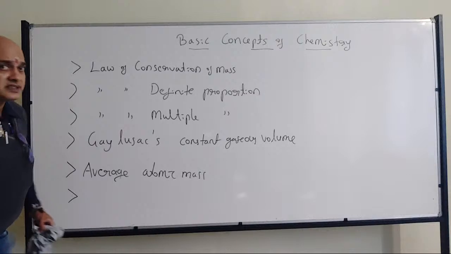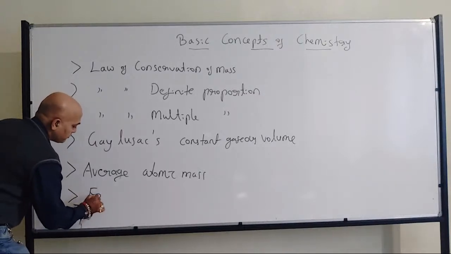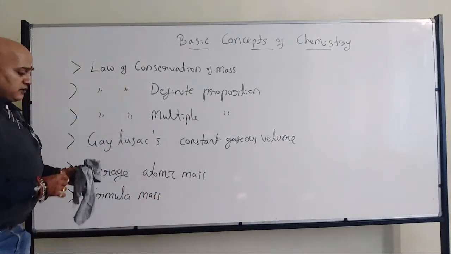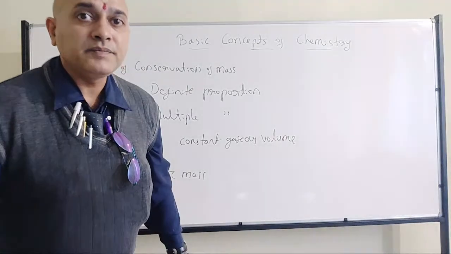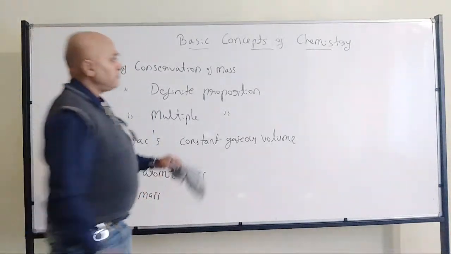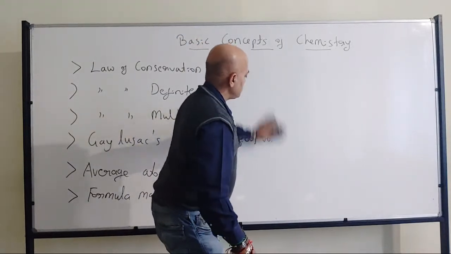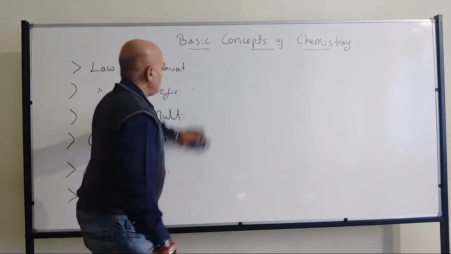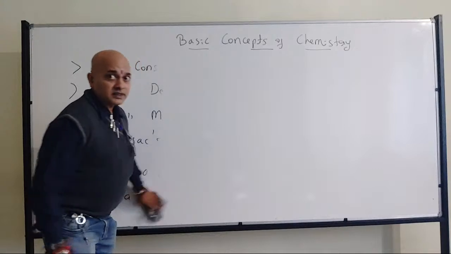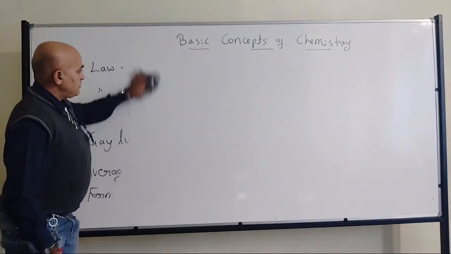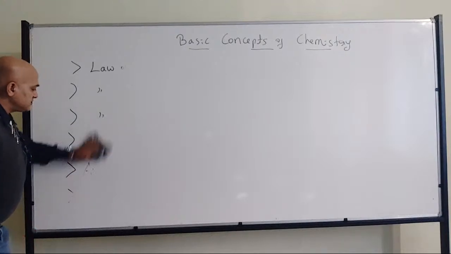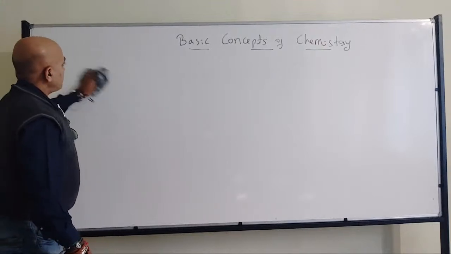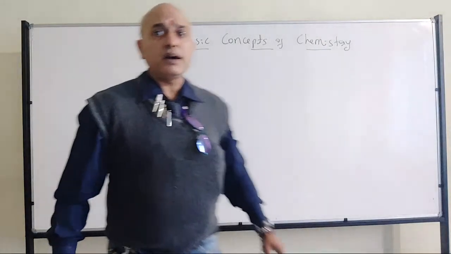Then what else have we discussed? Formula mass. Can any one of you tell me what you mean by formula mass? To which type of compound is it applicable? Molecular mass and formula mass are calculated the same way, no difference, but for some compounds we use formula mass.